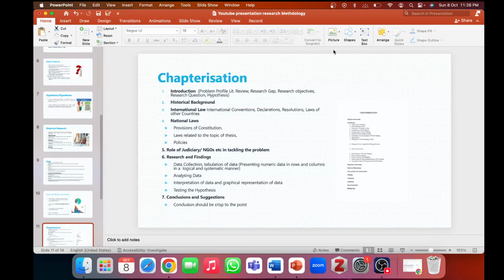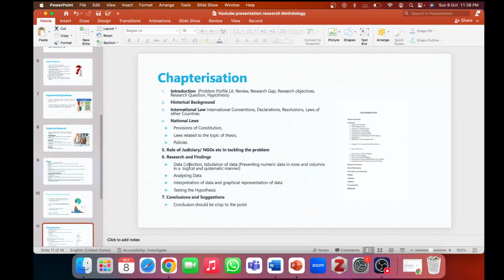Then the next chapter is relating to national laws, which include provisions of constitution, laws related to the topic of thesis or dissertation, policies. The next chapter is relating to role of judiciary, NGOs, etc. in tackling the problem.